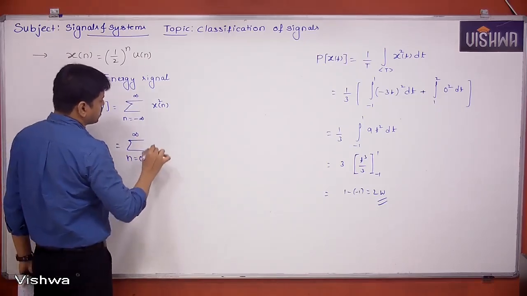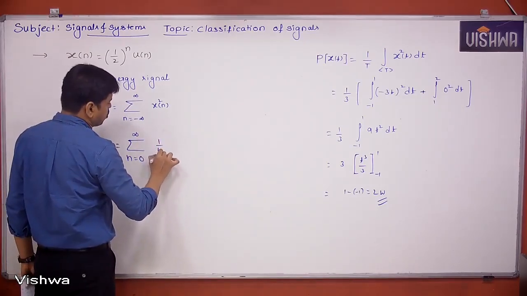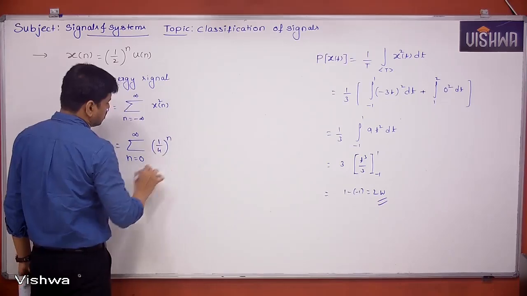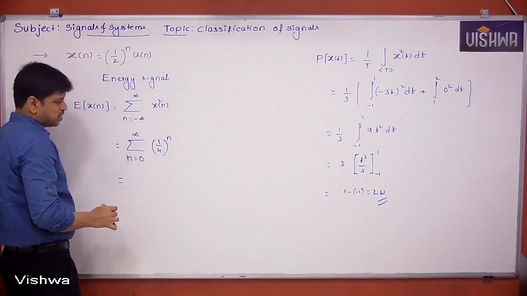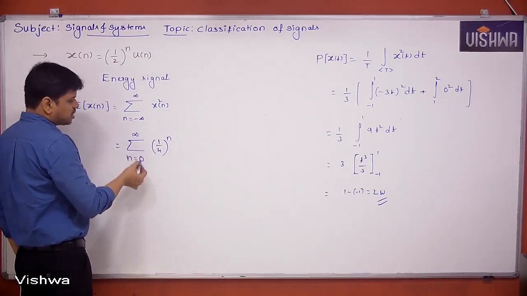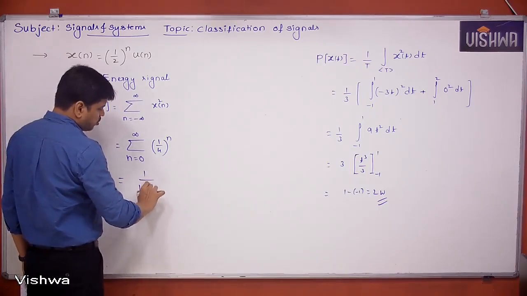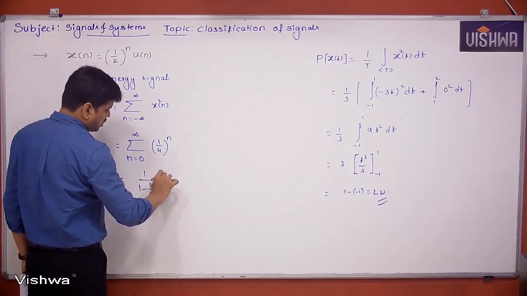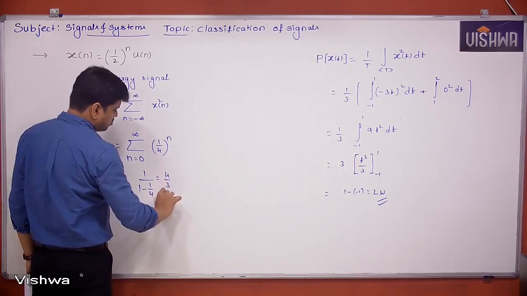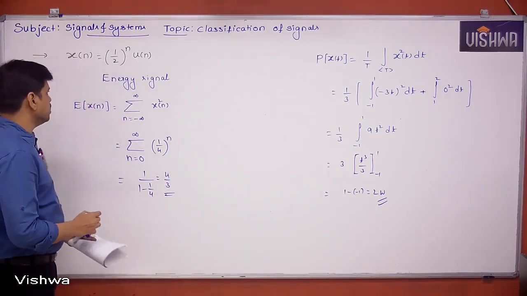If I square it, 1 by 2 whole square, that is 1 by 4 whole power n. So if I try to find out energy, you know the summation, which is nothing but 1 by 1 minus a, which is nothing but 1 by 1 minus 1/4. So it is nothing but 4 by 3. That is the answer, energy of the signal x of n.